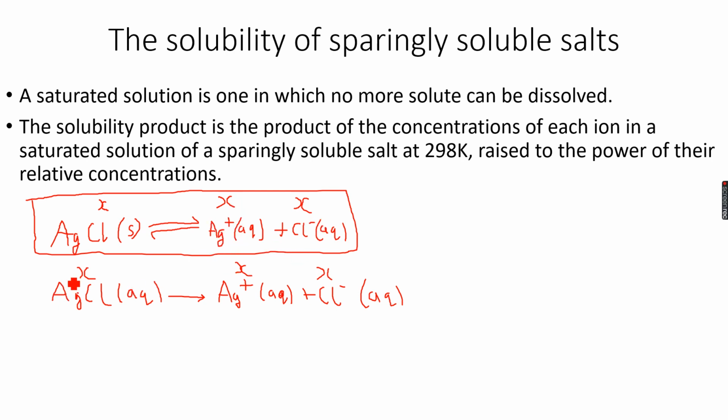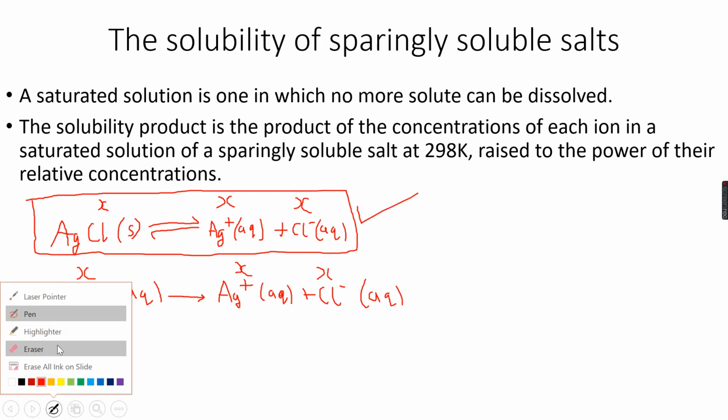So the X amount of AgCl aqueous gives us X amount of Ag plus and X amount of Cl negative. But this is the equation that we need to learn. The second one was just for your understanding.